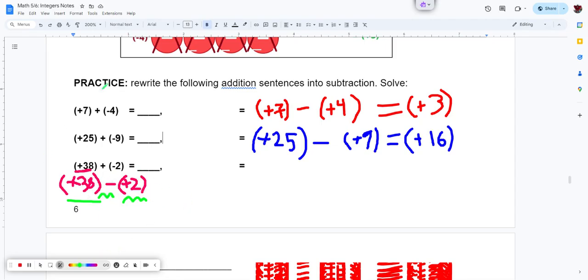Look what we did up here. Positive 7, same. Operation, changes. Second term, changes. Same, change, change. And we're just manipulating these number sentences into something that's more manageable.